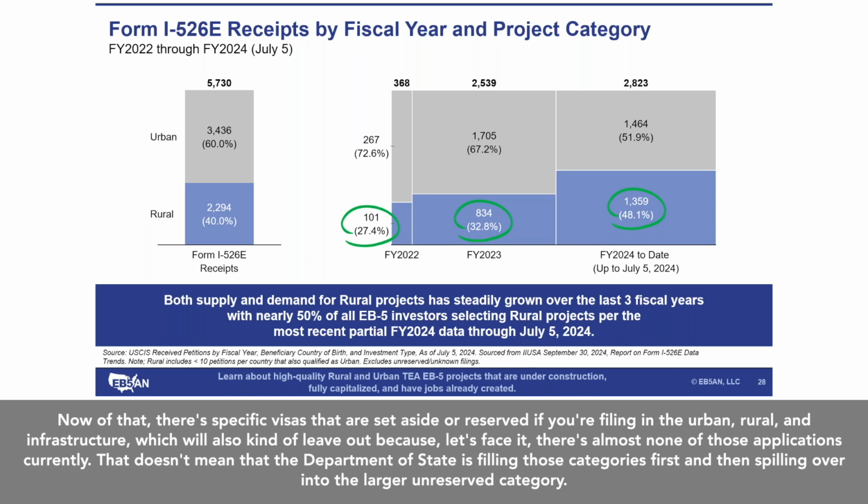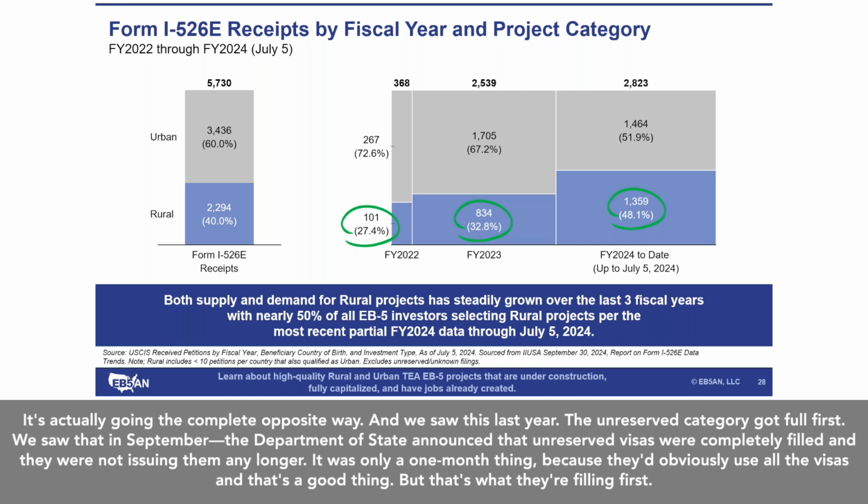That doesn't mean that the Department of State is filling those categories first and then spilling over into the larger unreserved category. It's actually going the complete opposite way, right? We saw this last year, the unreserved category got full first. We saw that in September. The Department of State announced that unreserved visas were completely filled and they were not issuing them any longer.